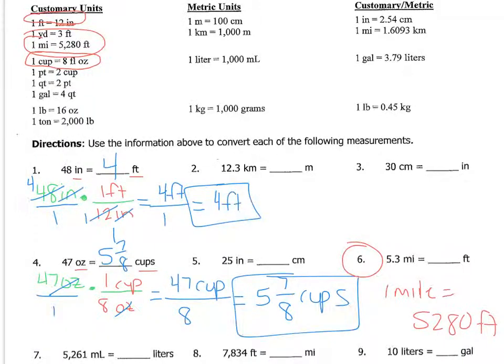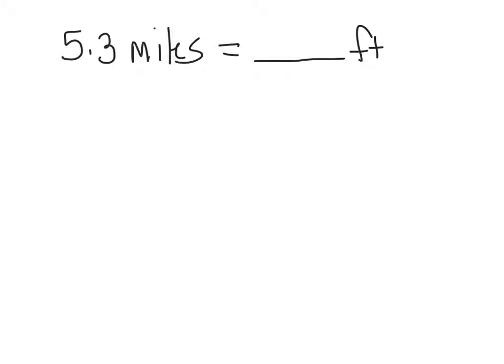Again, we said 1 mile was the same as 5,280 feet. I'm going to use the same process that I used before. I'm going to start with my 5.3 miles, and I want to multiply it by a fraction that's equal to 1.